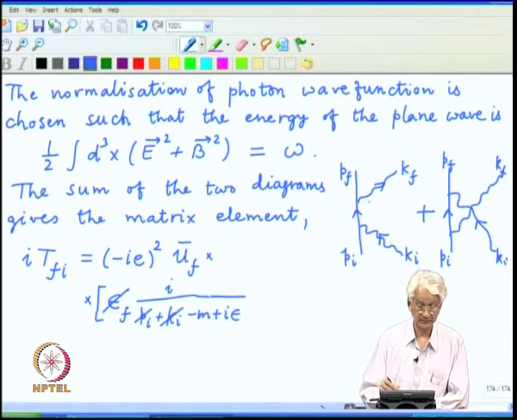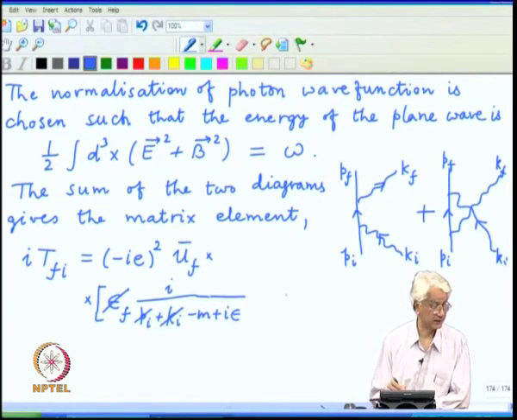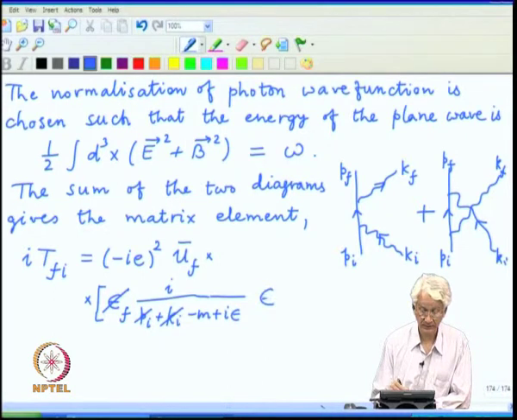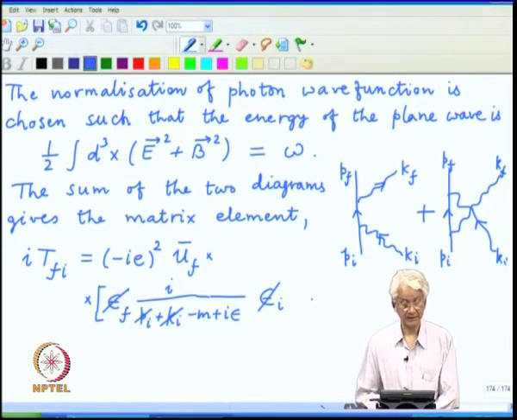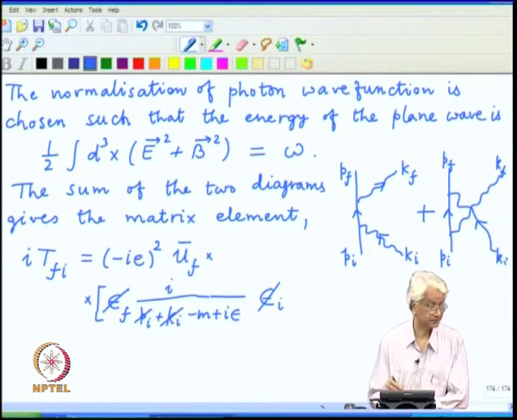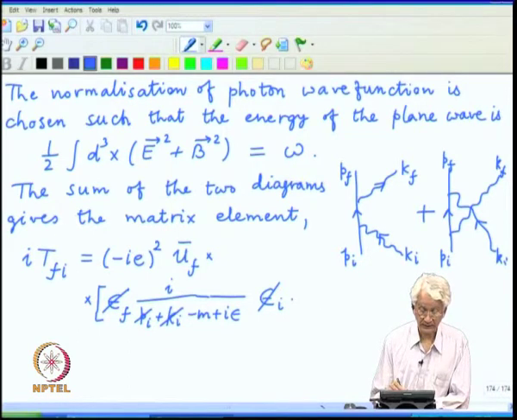So, that is the propagator, and then there is a second vertex again contracted with the A_mu. So, it gives epsilon_i slash, and that is the first diagram.